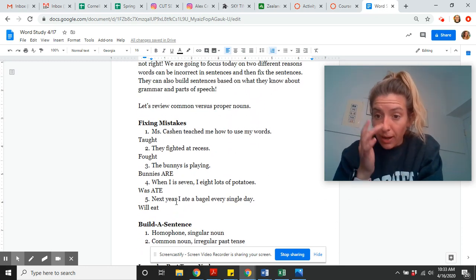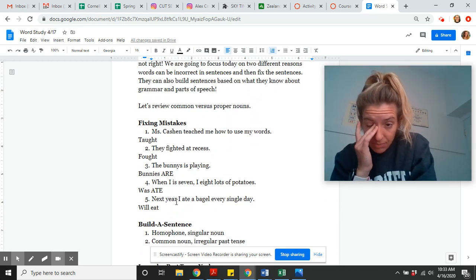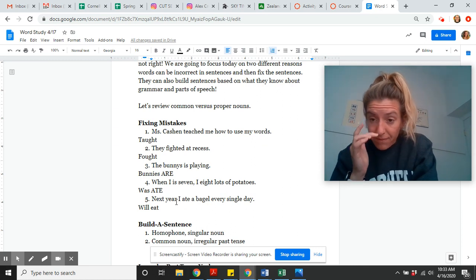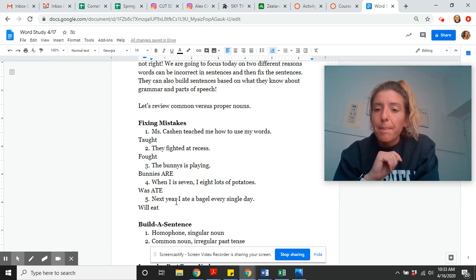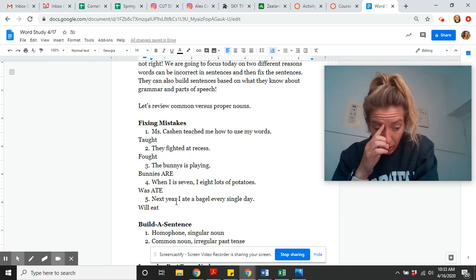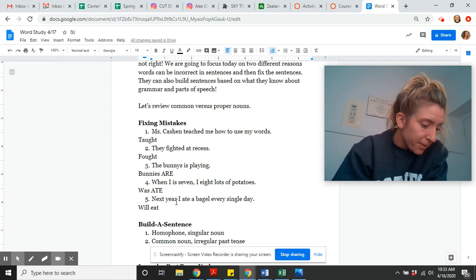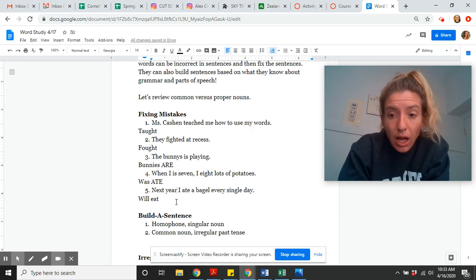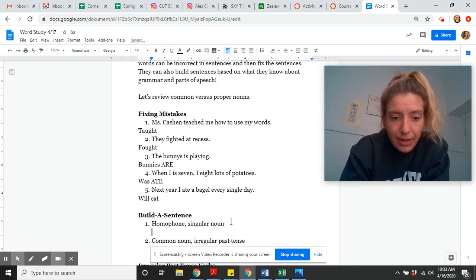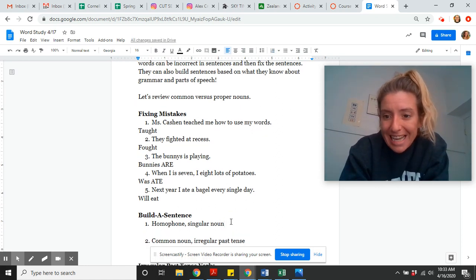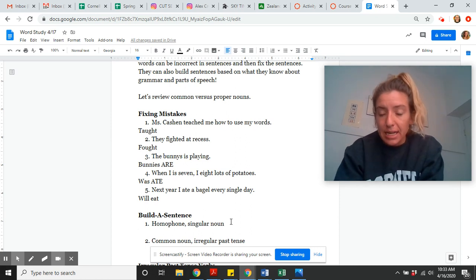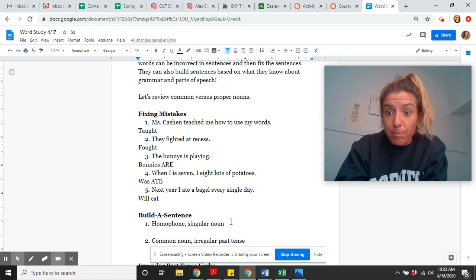Now, this is where a lot of you guys had a little bit of trouble. You're getting really good at saying sentences, which is awesome. But building sentences seems to be a little bit harder. The most important thing to do there is to make sure that you are figuring out what part of speech you need to add and then coming up with a sentence on your own. So it's not just coming up with words, it's putting them together to make a sentence.